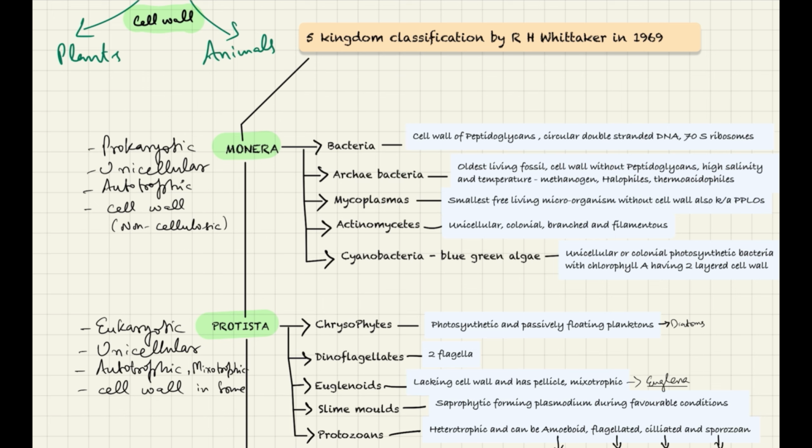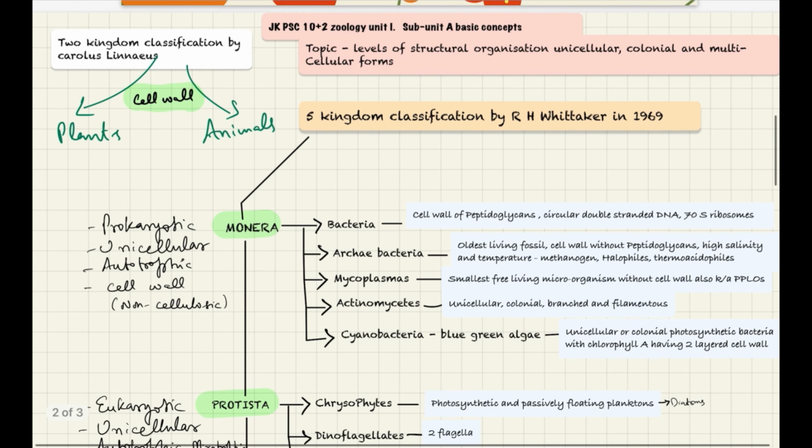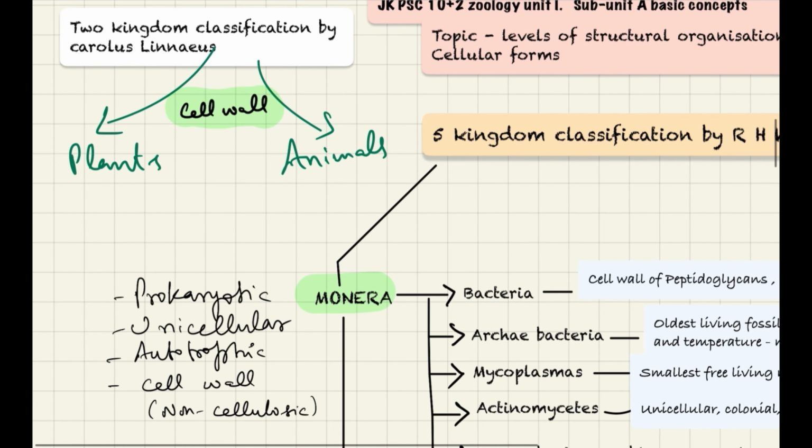So I have tried to incorporate both the concept and the detail and the most important points here, so that aspirants can benefit. Let's start with the basic concept of two kingdom classification, which was given by Carolus Linnaeus. This was simply based on the presence or absence of cell wall, and there were two kingdoms: first plants and second animals. In plants itself, fungi were kept, and bacteria were kept. So this was not a proper and logical arrangement of groups.